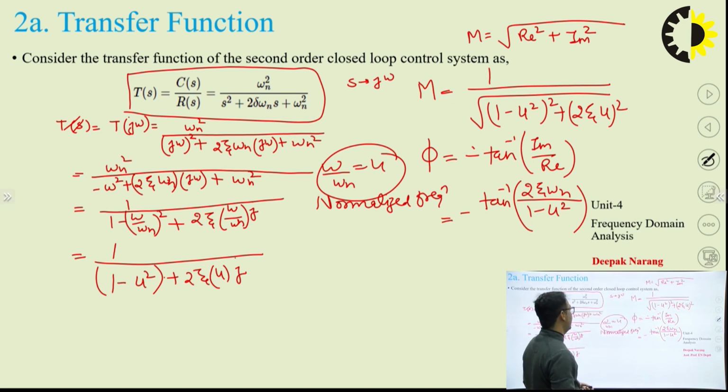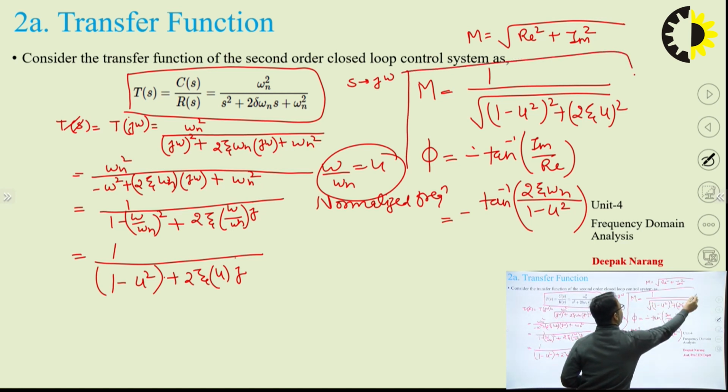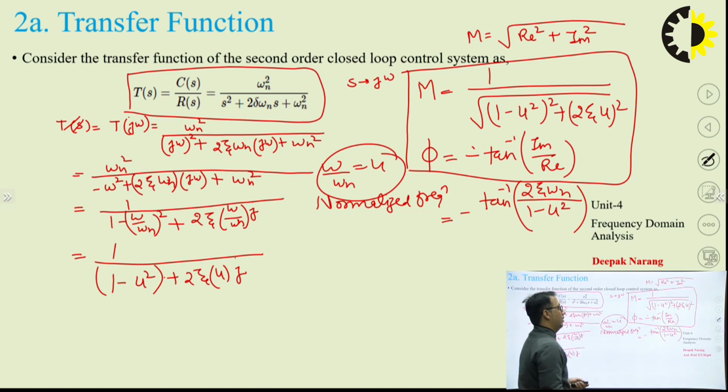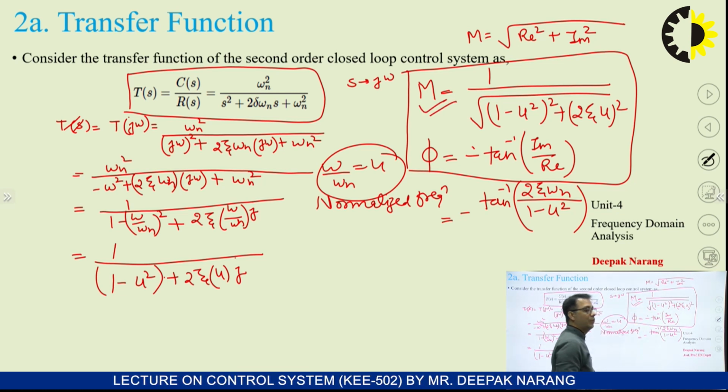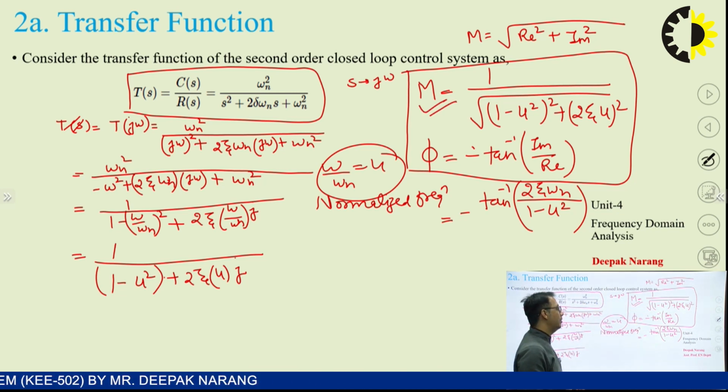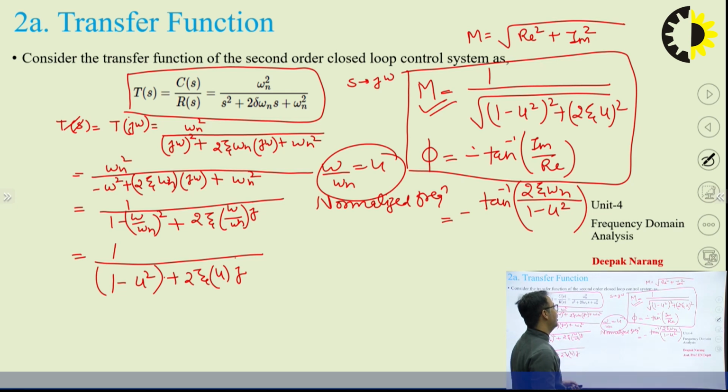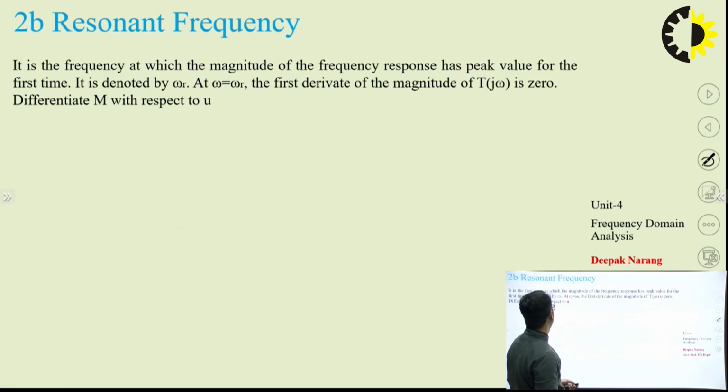So we have obtained magnitude and phase in frequency domain like this. Now we are going to use these terms for obtaining many specifications, next to find resonant frequency.